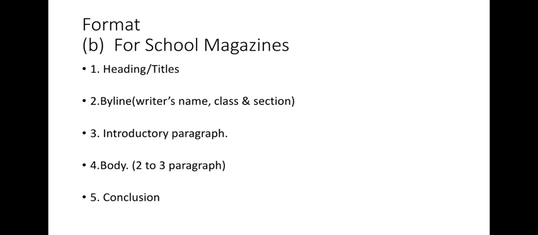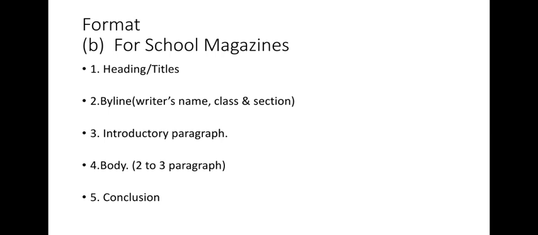Because we are going to write an article for school magazine, naturally the writer would be a student. Whereas in newspapers we usually don't mention the class and section, we just mention the name, right?